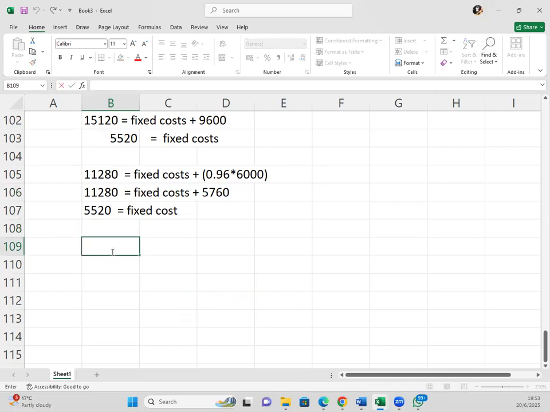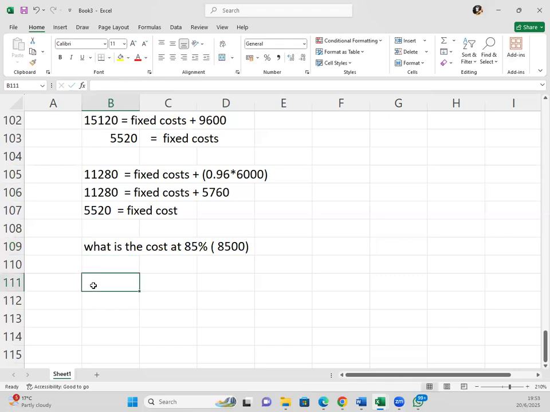So the question was asking, what is the cost at 85% capacity? If full capacity is 10,000, then 85% capacity would be 8,500. To get your total cost, remember the total cost function, is equal to fixed cost, which we now know is 5,520 and does not change, plus the variable cost per unit, which does not change, 0.96, times the units, now 8,500.